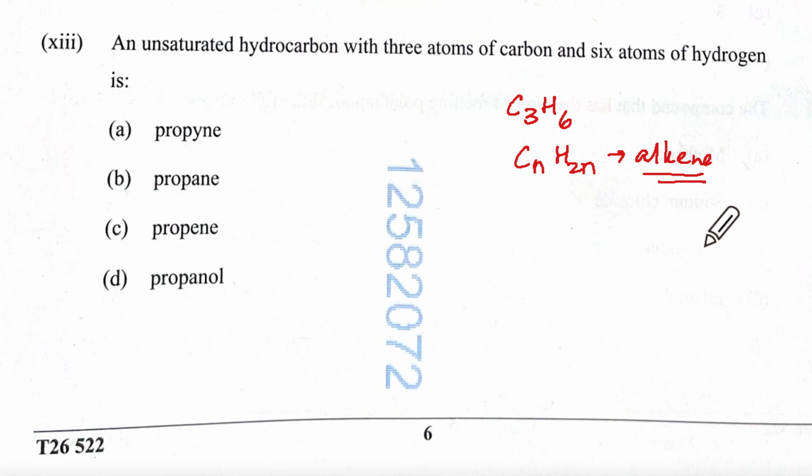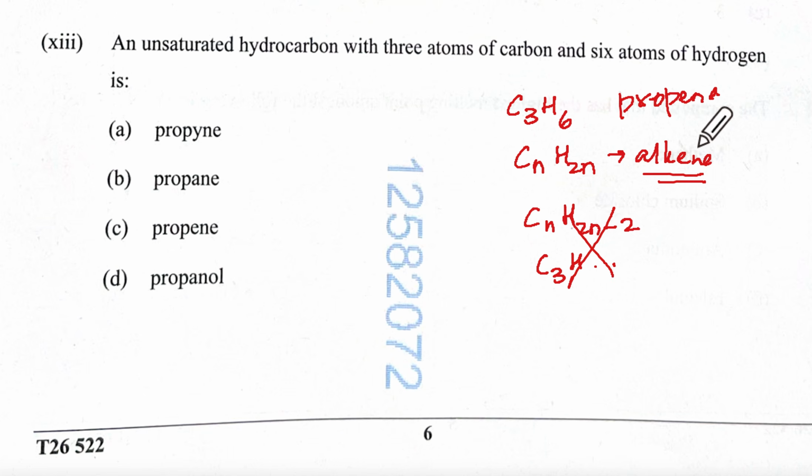But they are saying there are 3 atoms of carbon, so if it is CnH2n-2, no, it is 3 carbons and 6 atoms of hydrogen. C3H6 is CnH2n, so with 3 carbons it is propene. Correct? It cannot be this. It is propene. Where is propene? Propene is here.